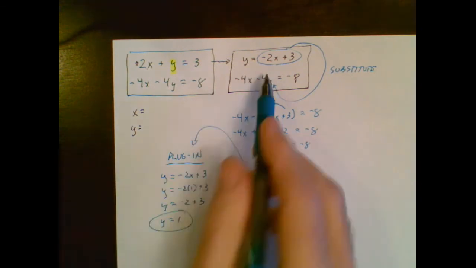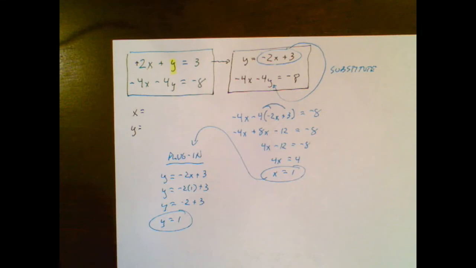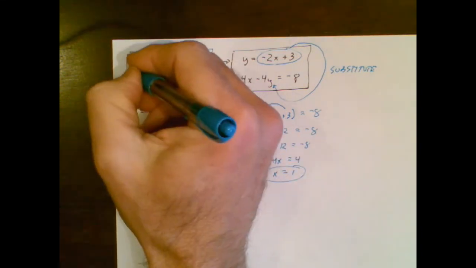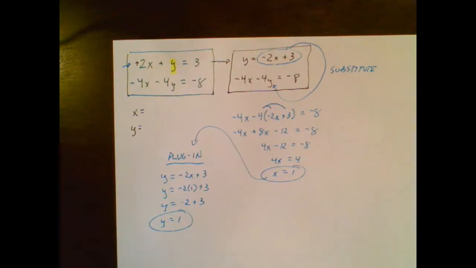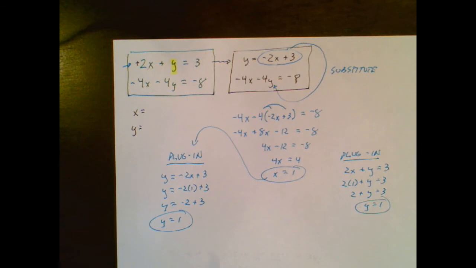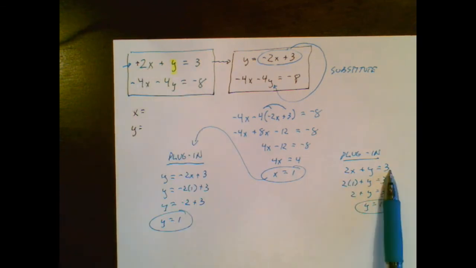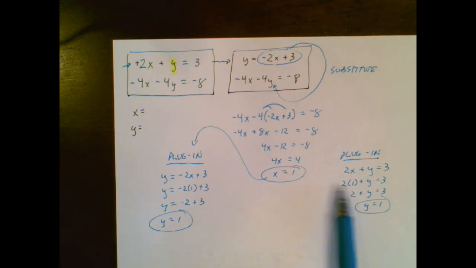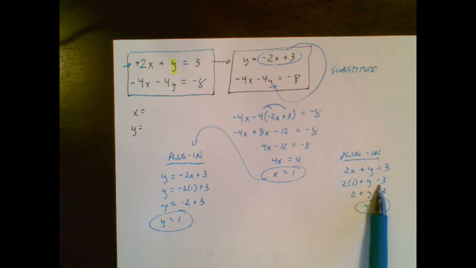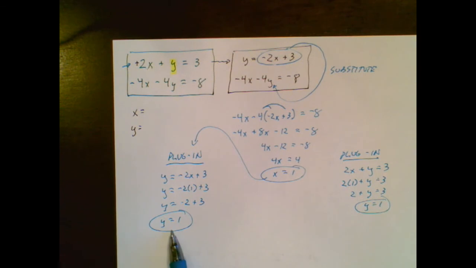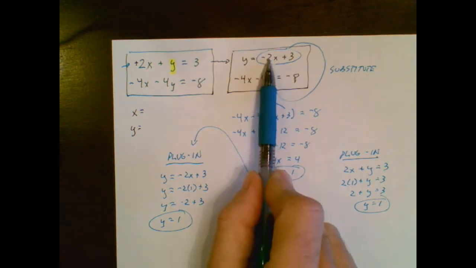I want to show you what would happen if I had chosen one of these equations that wasn't what I think is the easiest. So I'm going to choose, say, this equation and do the same plug-in. You notice that using this equation, plugging in x equals 1, because that's what I had found for x, I solve for y, and I still get the same answer that I got using this equation.